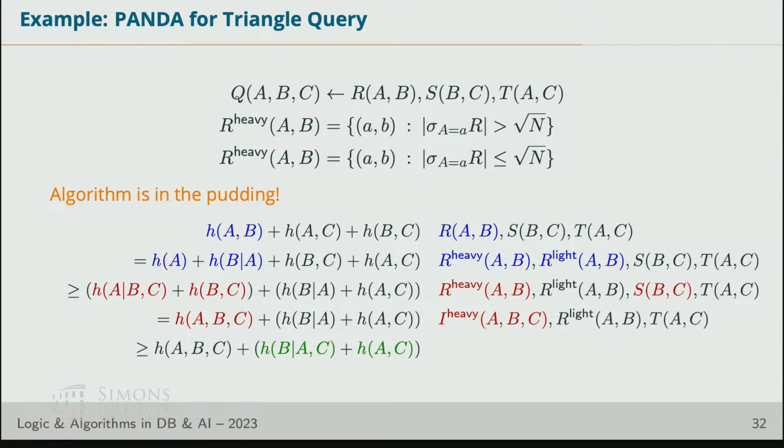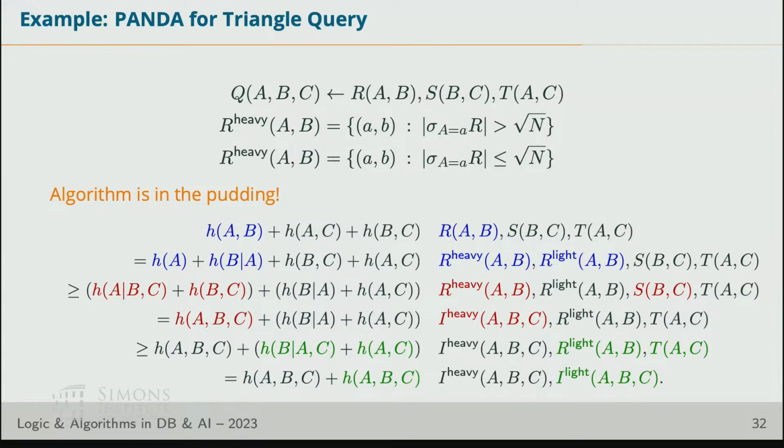And the next step is submodularity, which corresponds to nothing, just some rearrangement. And then finally, when we're about to compose these 2 to get H of ABC, then here we get the intermediate results corresponding to the light branch of the query plan.